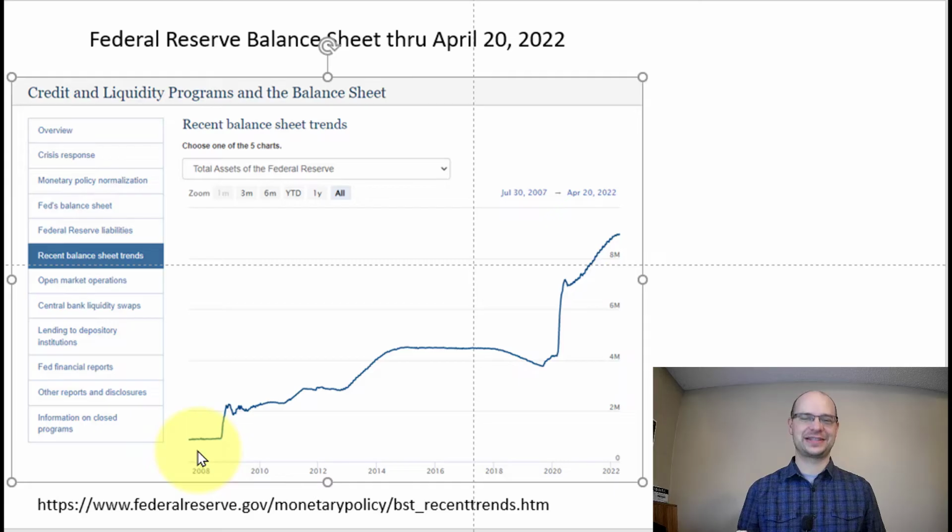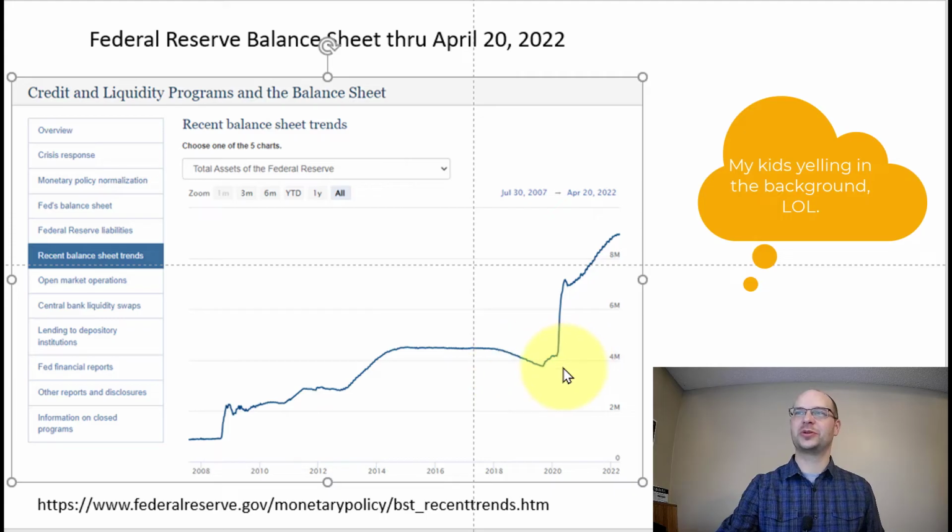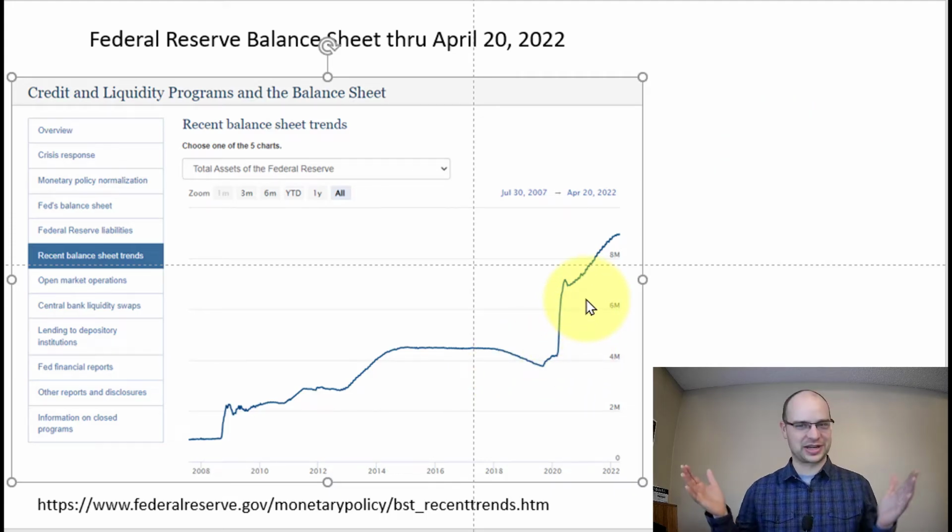You can just vividly see two of the greatest economic shocks of the last century. So if we go back here to the 2008 time frame, you can see the global financial crisis. The balance sheet basically doubled overnight. And of course, more recently, out here in 2020, we can see another virtual doubling of the balance sheet over just an extremely narrow period of time.